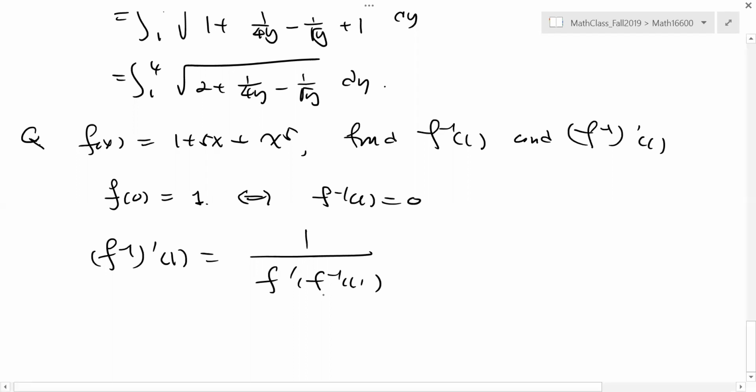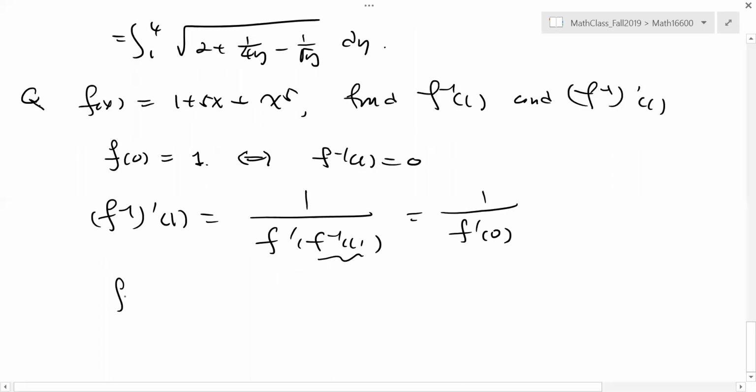Then you see, oh, I already know this one, so you put it in, right? Then it's clear, I just need to find the derivative and evaluate at 0. Then you know the motivation for why you have to find the derivative, because there is a derivative of the function here. You have to find it, right? Then that implies f prime of 0 is going to be 5.